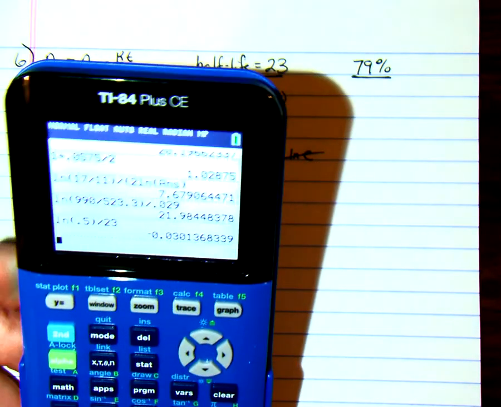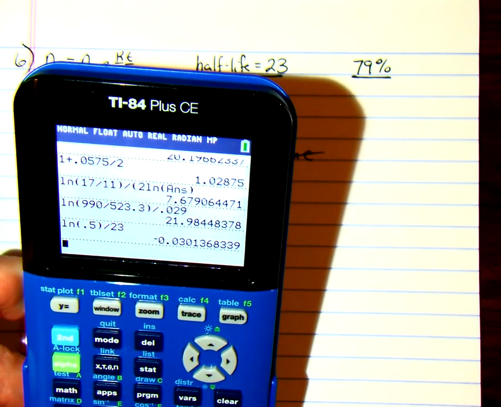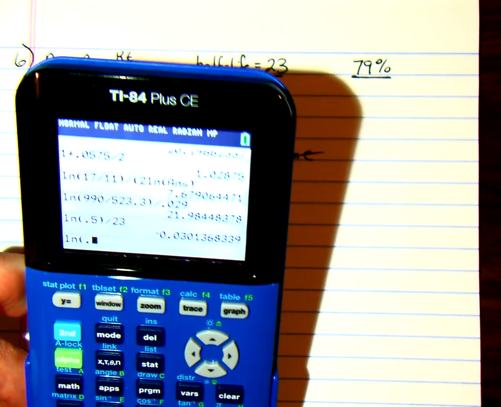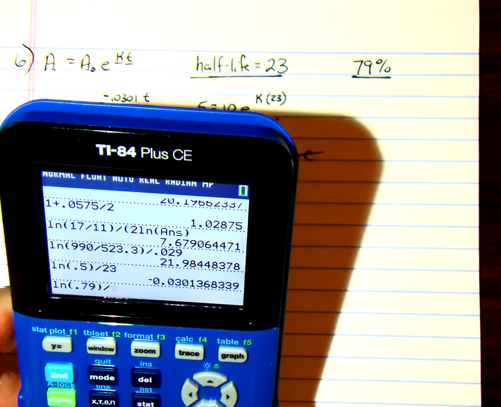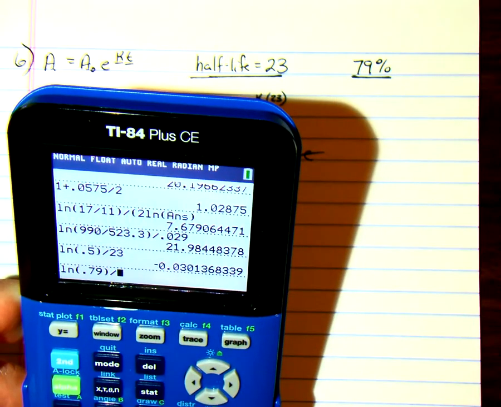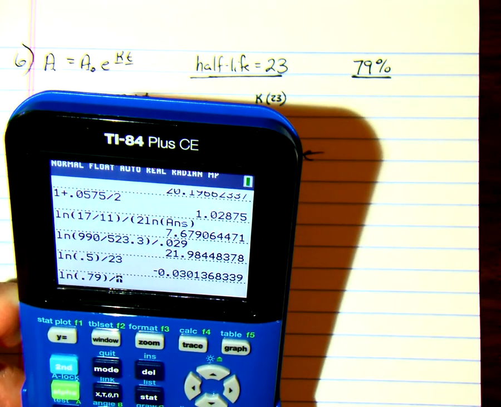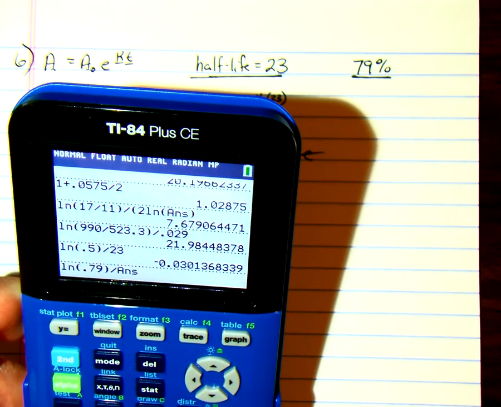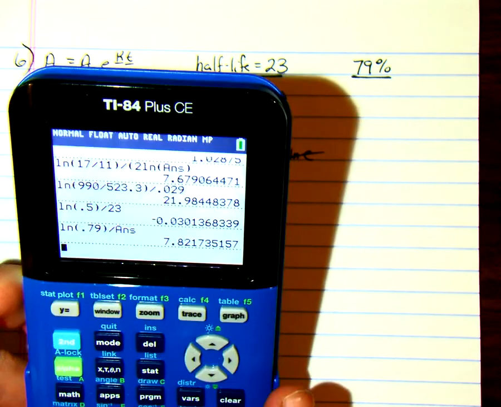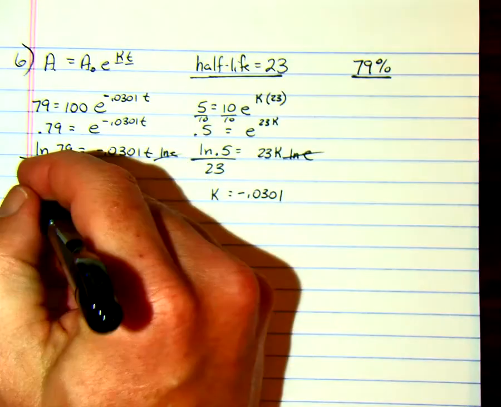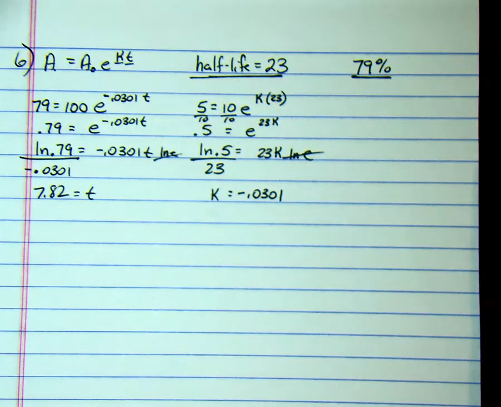We have the natural log of 0.79 divided by, and since I have it, I'm going to insert my previous answer, which is a far more accurate answer. We get 7.82. And what does it ask me? Round to 1 decimal place as needed. So this is going to be 7.8 years.